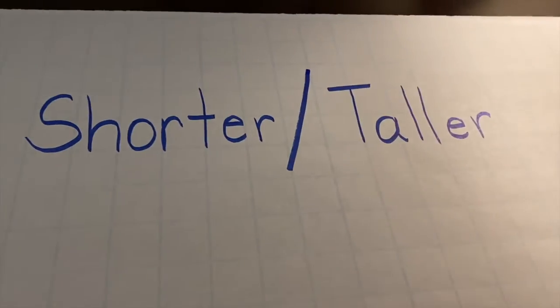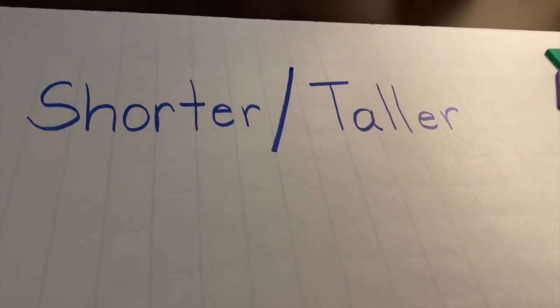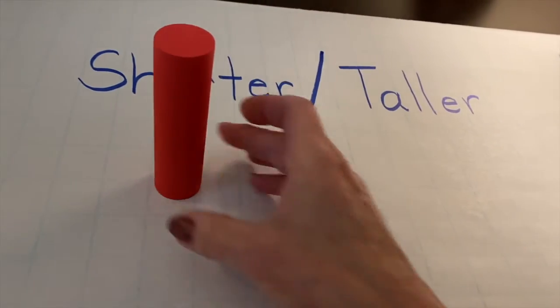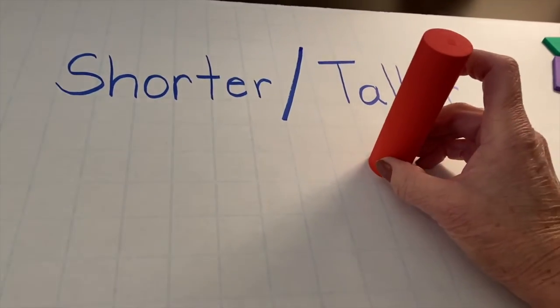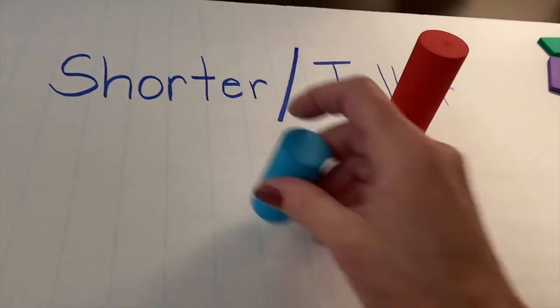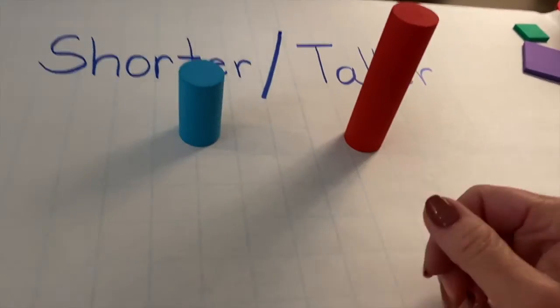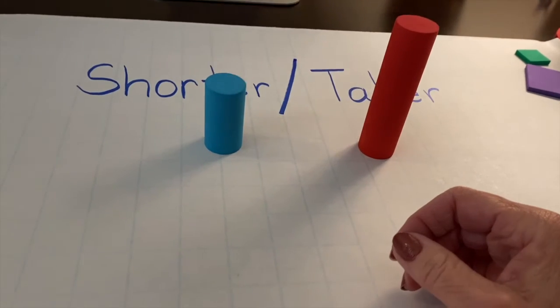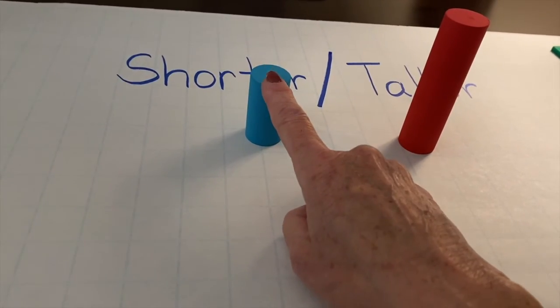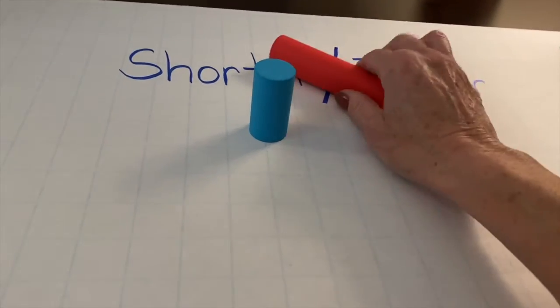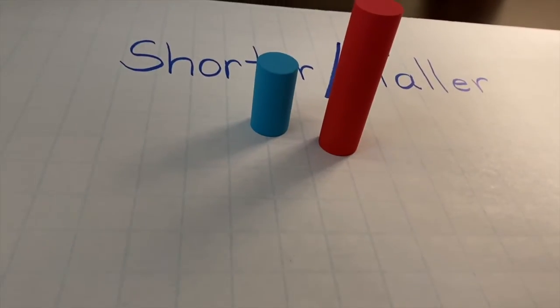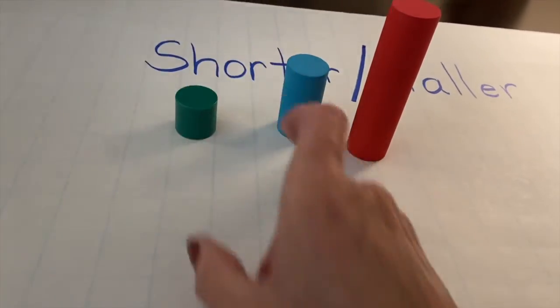Now, one more shape. Do you remember this shape? This is a cylinder. That's a pretty tall cylinder. Let's see, is the blue cylinder shorter or taller? It looks like this is shorter and the red cylinder is taller, but wait a second, I have one more. There's another cylinder.